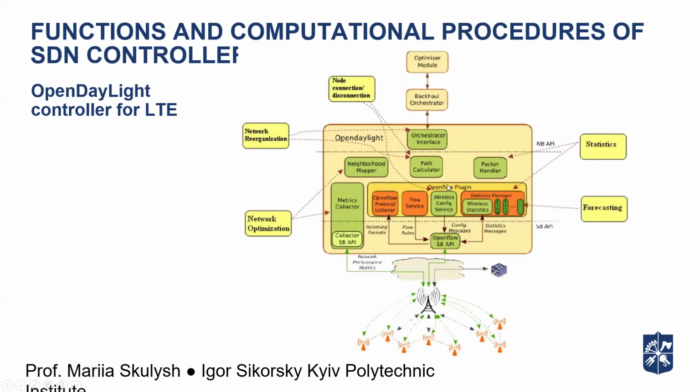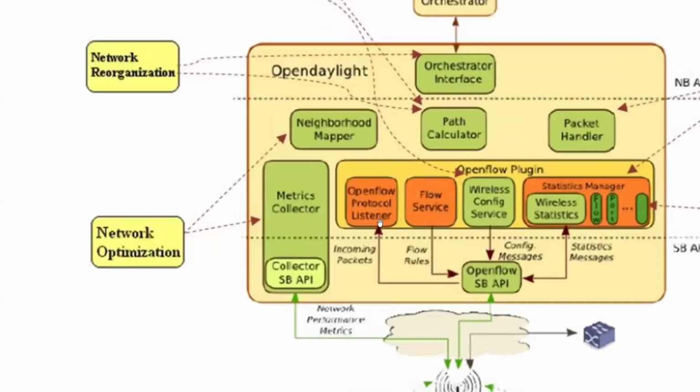First, we have to connect the database with such services as OpenFlow listener, flow service, routing, and so on, and wireless configuration service, because it is a controller for wireless connection. It has wireless statistics. It means it collects statistics about flows, about points, and so on.